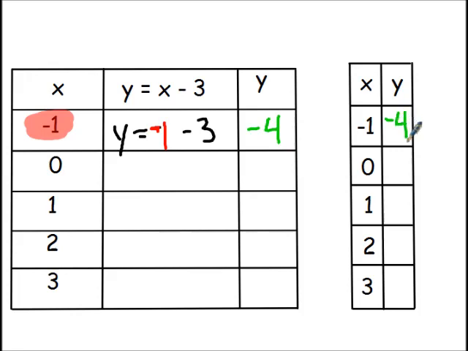Now let's substitute 0. Again, we have y equals x minus 3. We'll substitute 0 for x, and 0 minus 3 gives us -3, so y will equal -3 when x is 0.